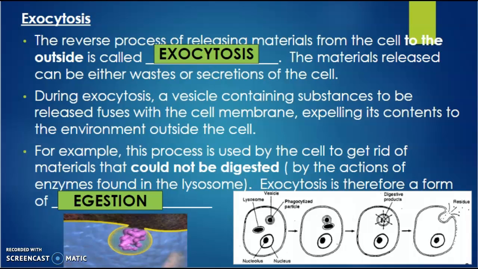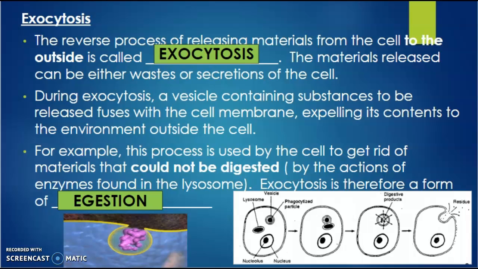Exocytosis, so we had endocytosis entering the cell, exocytosis exiting the cell. So this is going to be the opposite of endocytosis. Exocytosis, now the cell is taking these vesicles, so the vesicles that are within the cell, and they are moving to the cell membrane, and the material is being released out of the cell.